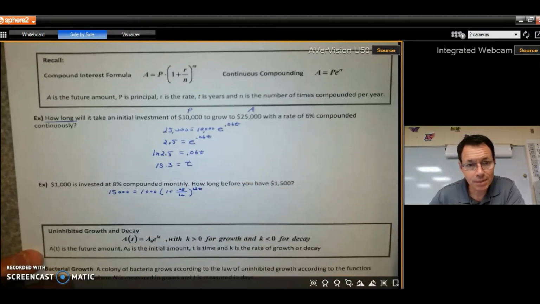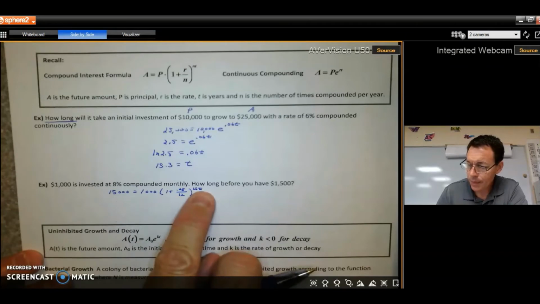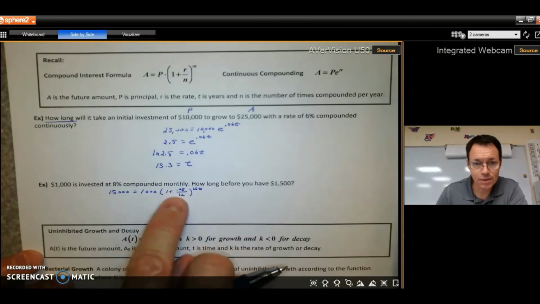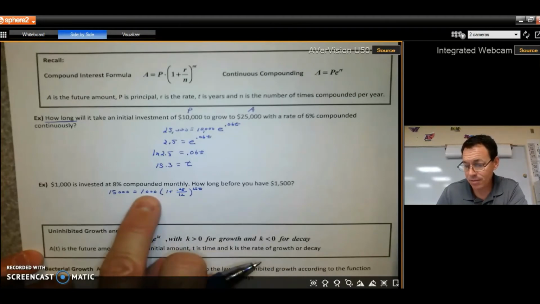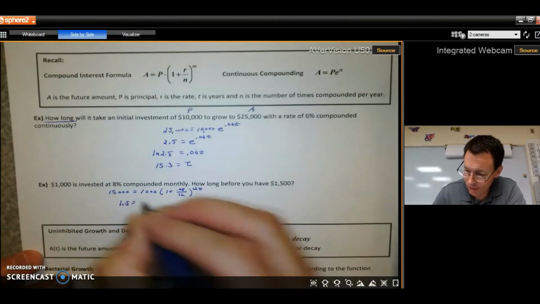Okay? So we need to simplify this. I'm going to do two things. First off, we've got a base to a power. I don't really know what that base is, so we need to simplify and figure out exactly what's going on in these parentheses. But we also need to get the base by itself, so I'm going to divide by this 1,000. So that's going to be 1.5 equals.